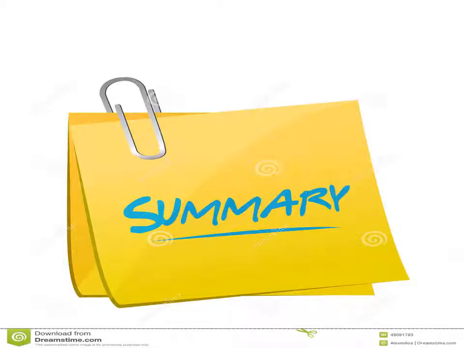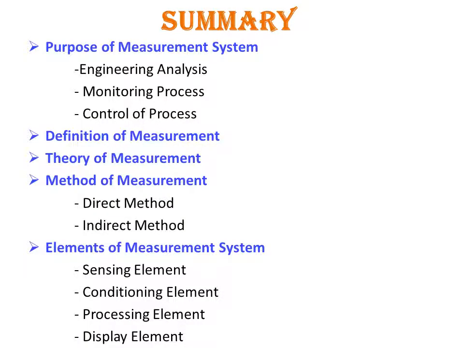So with this, we come to the end of the session. Let us have a quick summary. In this session, we saw the purpose of a measurement system: it is applied for engineering analysis, for monitoring a process, and for controlling a process.